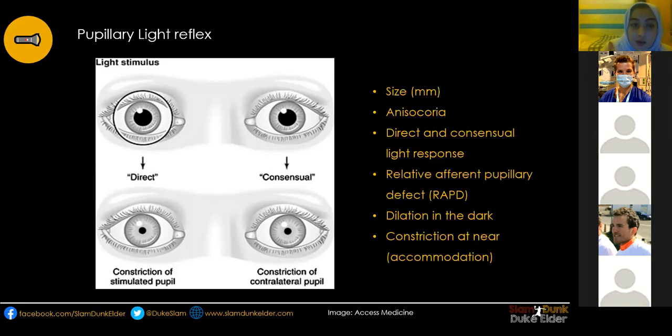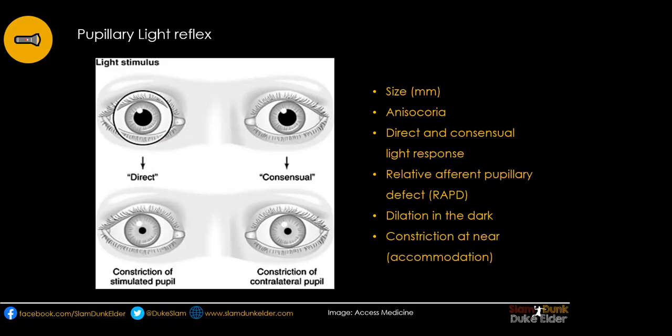Another thing that you would want to include in your examination when looking at a patient for the first time: you want to know the size of the pupil in your document, right and left. Normal pupil size is about 2 to 4 millimeters. You'll also look for any anisocoria, so that would be any difference in size between the pupils, any asymmetry. 20% of the population can have physiological asymmetry.